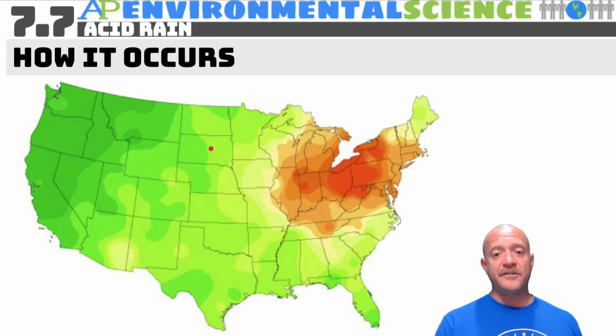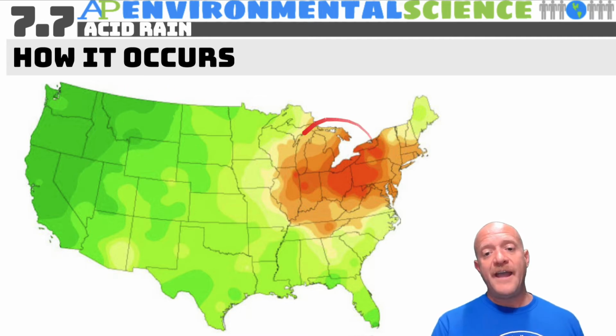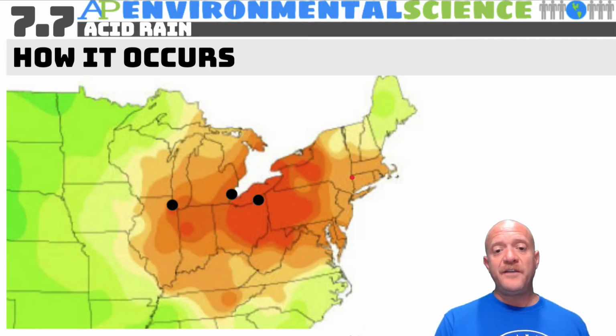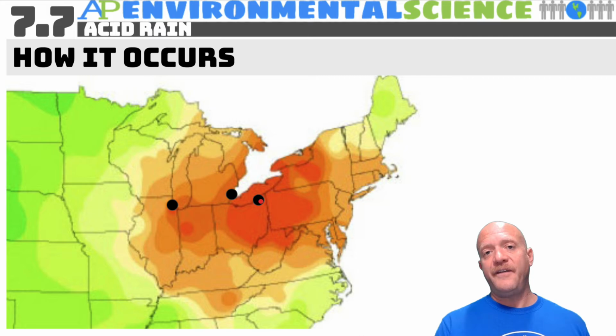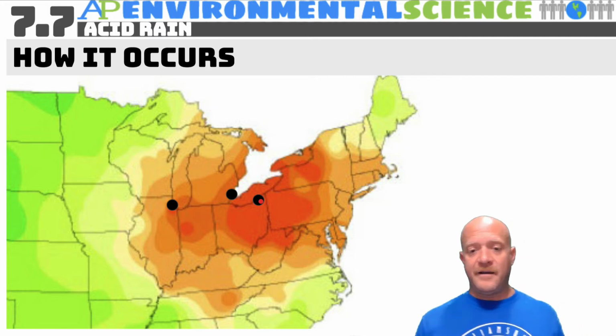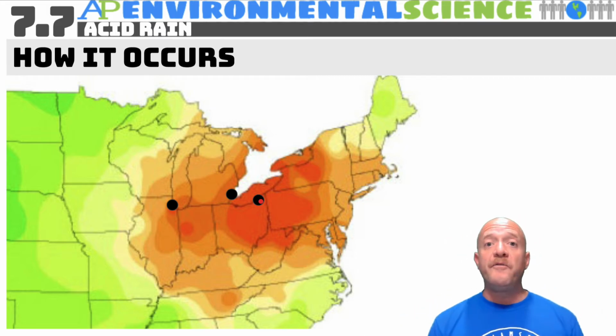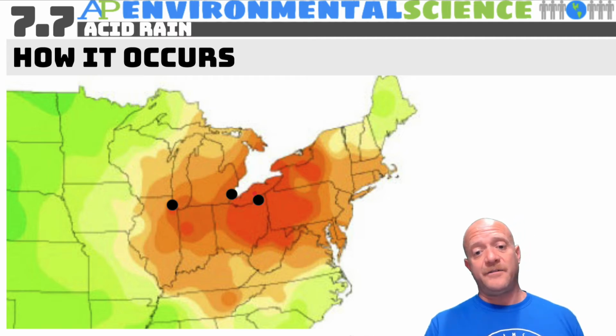Okay, how does this occur? So this map represents areas where you have acid precipitation in the country. So if you look here, we have Chicago, Detroit, and Cleveland. All three are very industrial cities. They're very known for being very industrial, and historically they're located near the Great Lakes or on the Great Lakes.